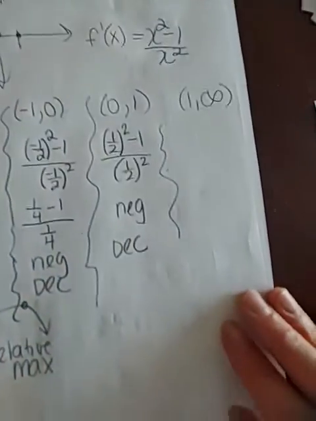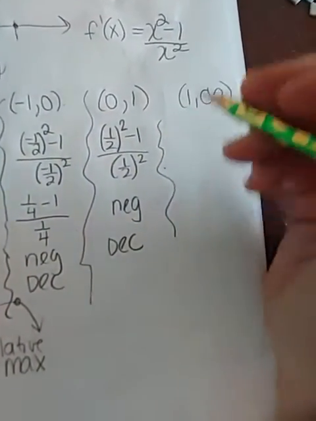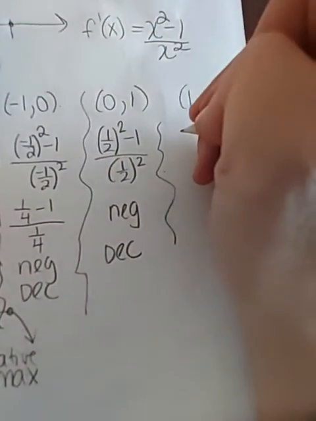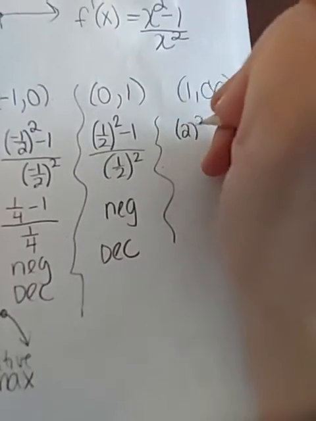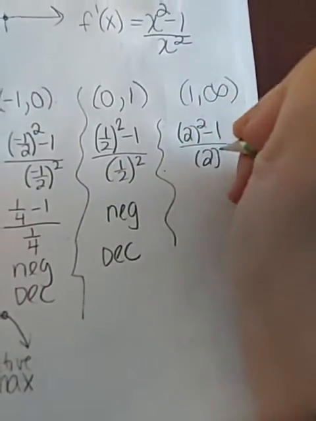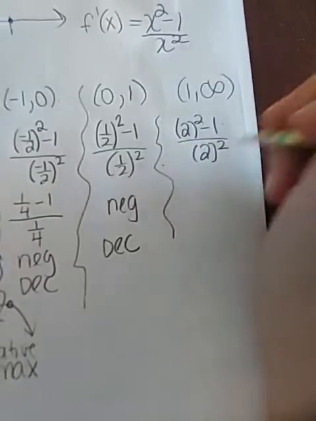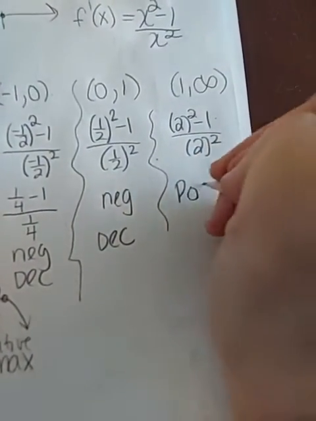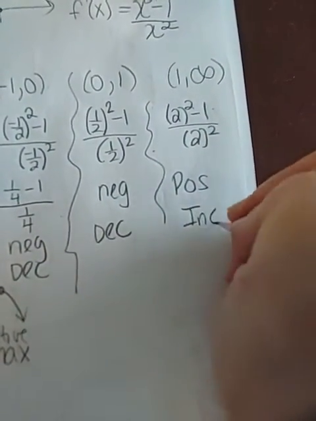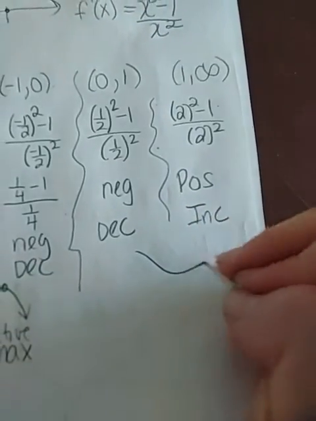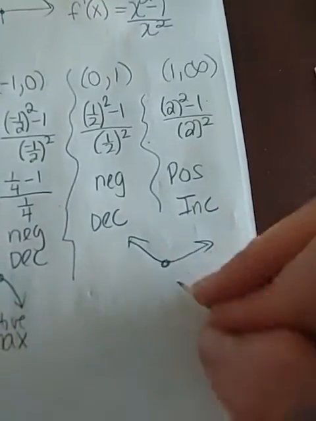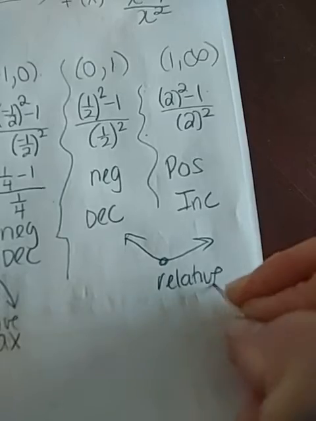All right, now here was a critical value, so I have a potential to have a maximum or a minimum here. So 2 squared minus 1 over 2 squared. So 4 minus 1 is 3 over a positive number. So we have positive over positive, which makes it positive, which means I'm increasing. So I'm going from decreasing to increasing, which means I have a relative minimum.